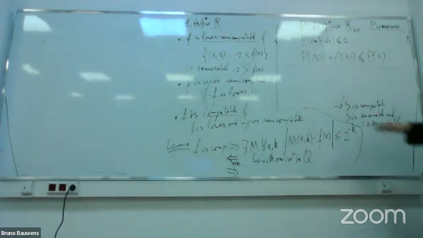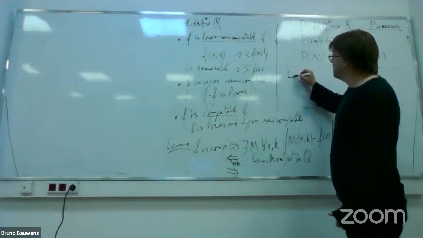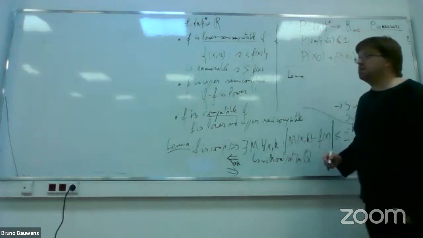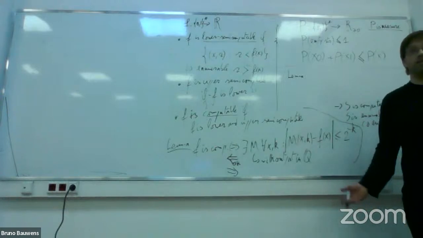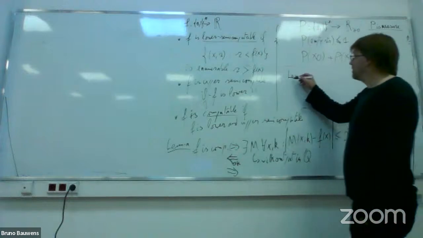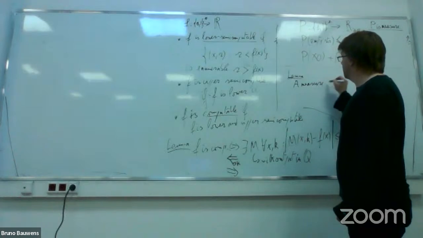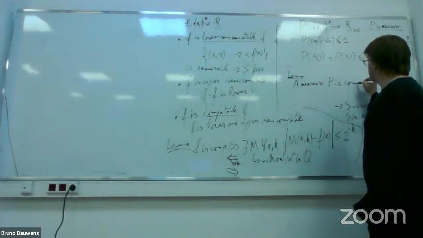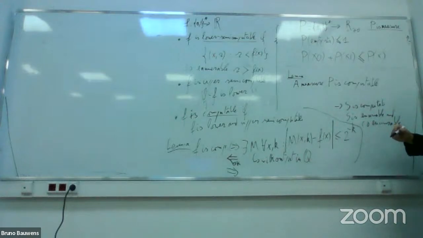Okay. And so now we did all this computability theory. And so there is a little lemma. It says that a measure is computable if and only if it's lower semi-computable. It's the end of the boring computability theory.